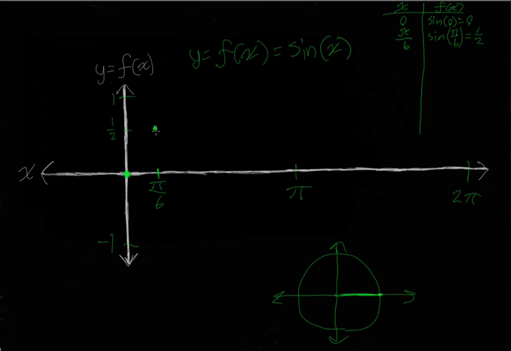All right, now what's the next one? Well, the next one I think of is pi over 4, which is 45 degrees. Now that is going to give us an interesting sine ratio of the square root of 2 over 2, or if you like radicals in the denominator, it's going to be 1 over the square root of 2, which is about 0.71.